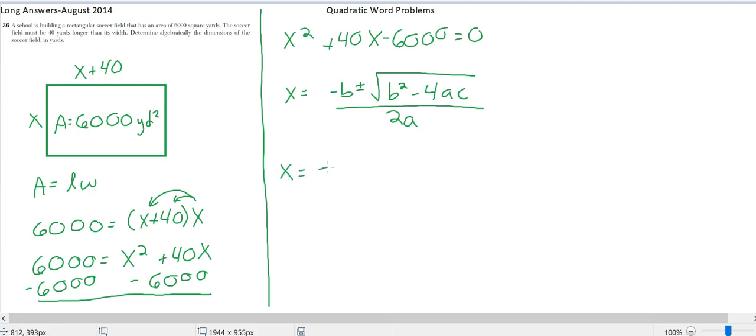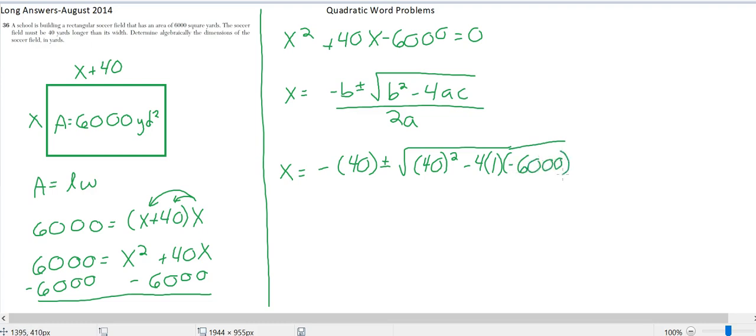So x is equal to negative b, in this case positive 40, plus or minus the square root of b, which is 40 squared, minus 4 times a, which is 1, times c, which in this case is negative 6,000. This whole thing is over 2 times a, which is 1. So x is equal to negative 40 plus or minus the square root of 40 squared minus 4 times 1 times negative 6,000. Let's just solve that whole thing on the calculator.